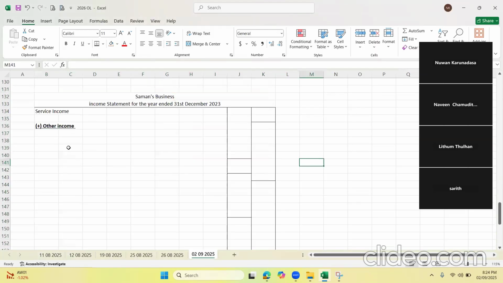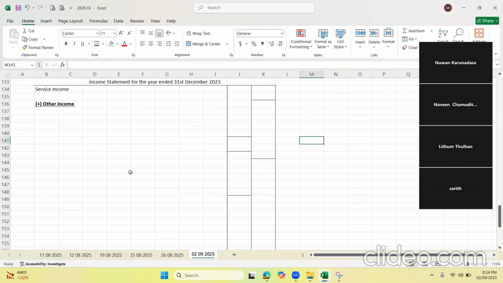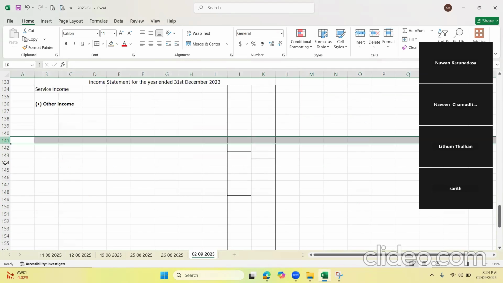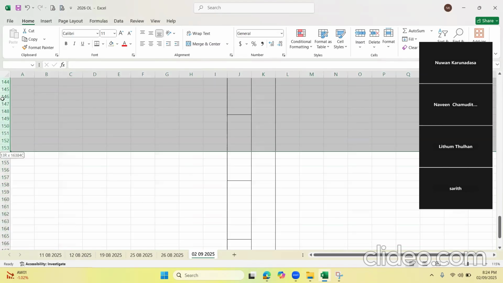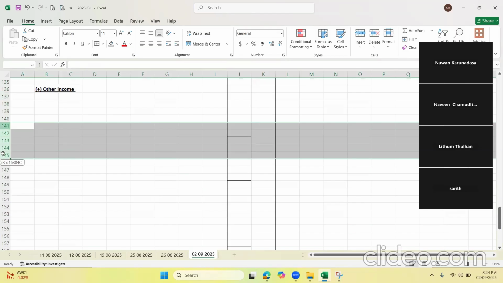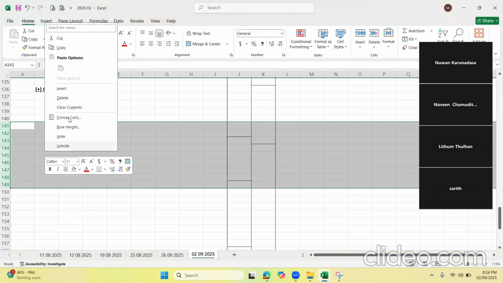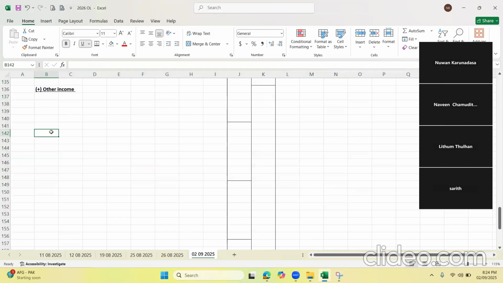So we'll take here minus expenses, under that administration and establishment. You just need to classify your expenses.